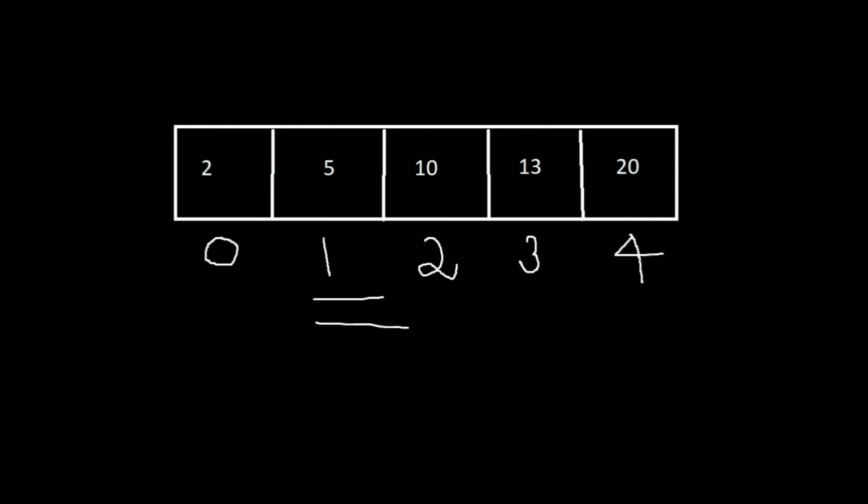So now first index is 1, last index is 1. 1 plus 1 is 2, divided by 2, that will give you 1 as the answer. So we know the first index now, and the element associated with the first index is 5. Therefore the number we are looking for is 5. Therefore 5 equals 5, and hence we can prove that 5 belongs to the array. So it's actually that easy. So now I'll be showing you how to program this just within a few seconds. Alright? Okay then.